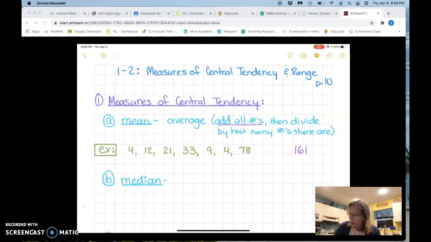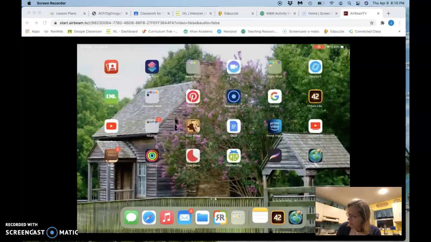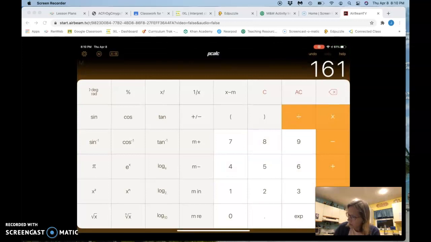And now the second part is divide by how many numbers there are. So I'm going to count up how many numbers there are. 1, 2, 3, 4, 5, 6, 7. There's 7 numbers. That means I'm going to divide by 7. So 161 divided by 7 is 23.